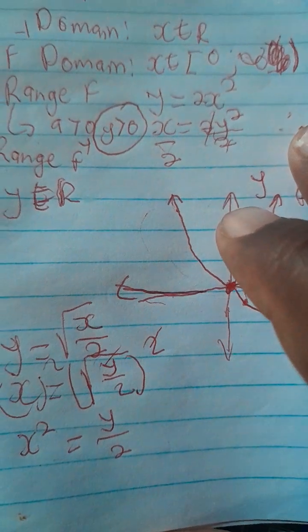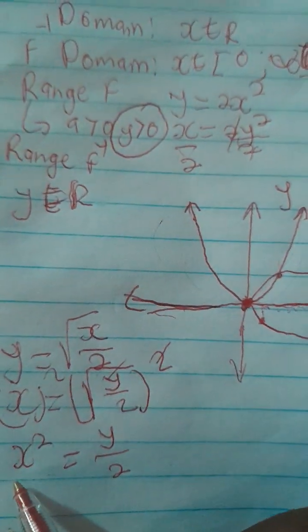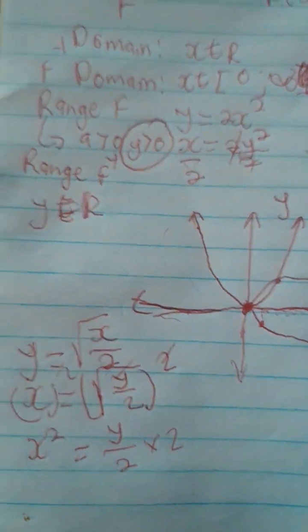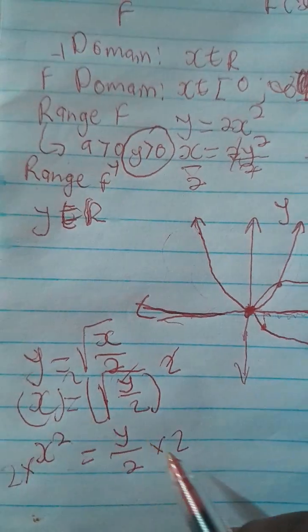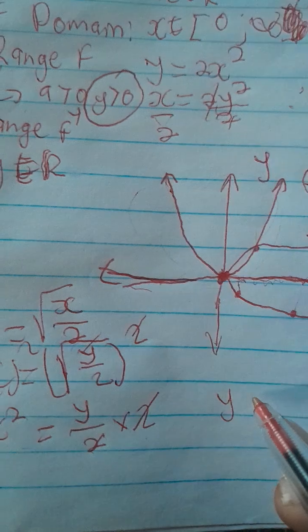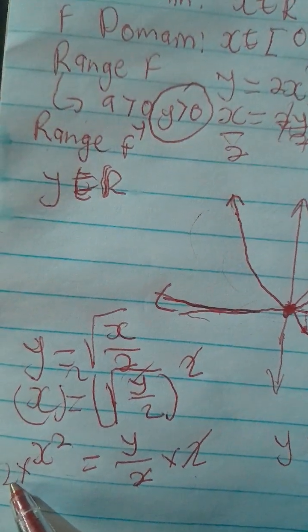Because we are looking for y as the subject, you multiply both sides by 2. This and this cancel. So what is y? We're left with 2 times x squared.